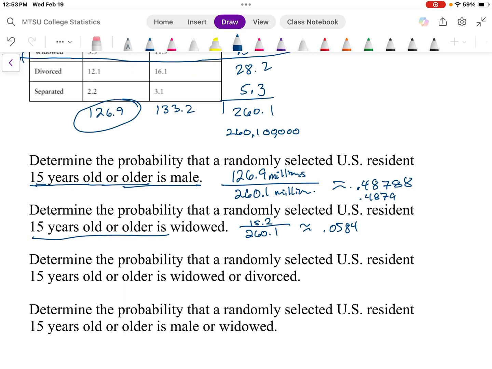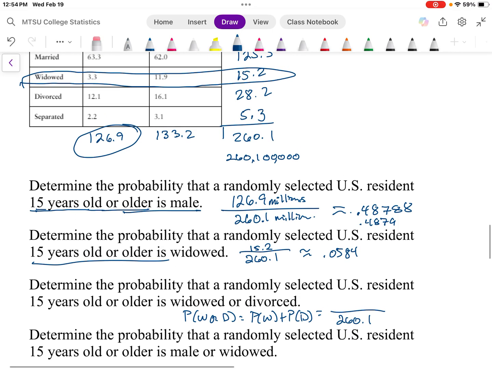Determine the probability that the randomly selected U.S. resident who's 15 years or older is widowed or divorced. So I get to, in this case, take the probability that it's a widow or divorced. So now I get to add the probability of being a widow plus the probability of being divorced. So I'm going to set up one fraction here. The number for widowed was 15.2.